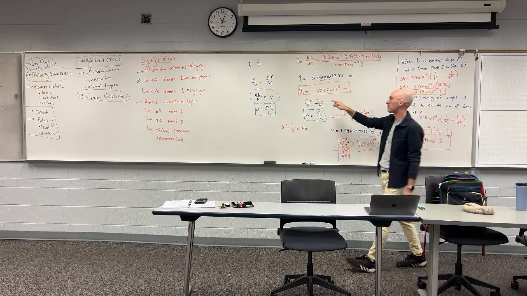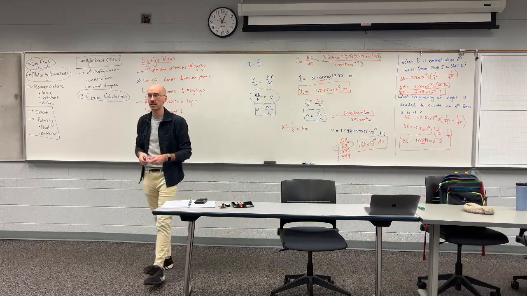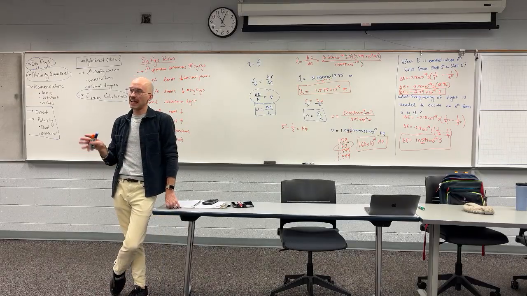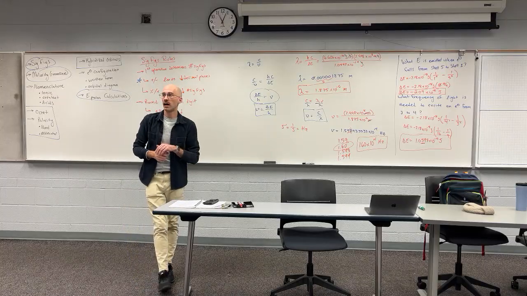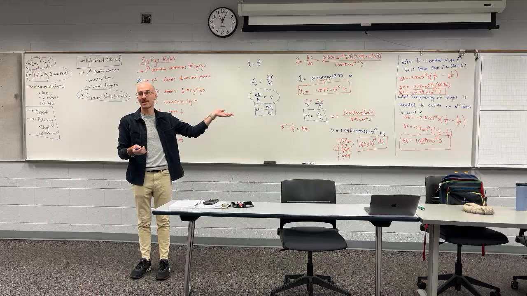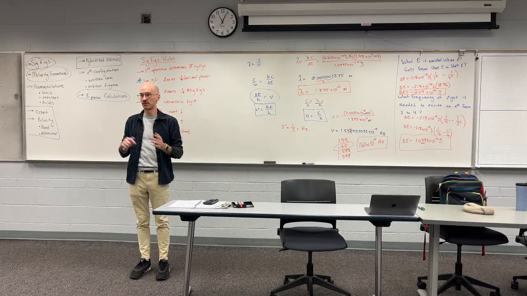If I wanted to change 1.8 times 10 to the negative 6 meters into a different unit, should I go to kilometers? Nanometers would be small. Micrometers would be nice. This would translate to 1.875 micrometers, because I've got that times 10 to the negative 6.